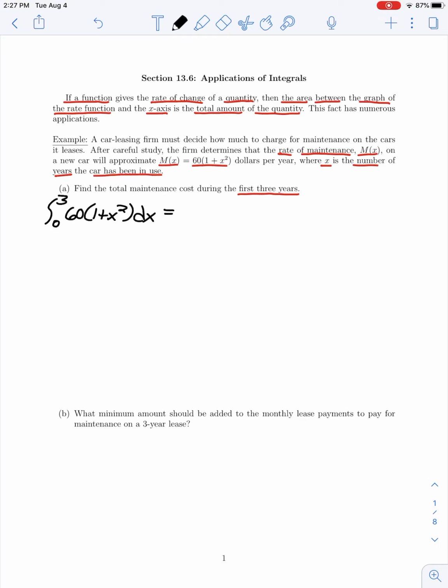So let's see if we can evaluate this integral. As a first step, I might simplify a little by distributing the 60. So I would have 60 plus 60 times x squared, and we're integrating from 0 to 3. The fundamental theorem of calculus says we just need to find an antiderivative of this function. The antiderivative for 60 would be 60x, plus the antiderivative of 60x squared, which would be 20x cubed.